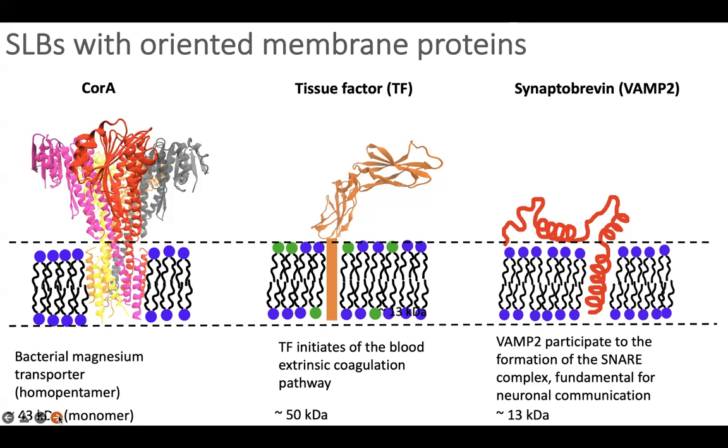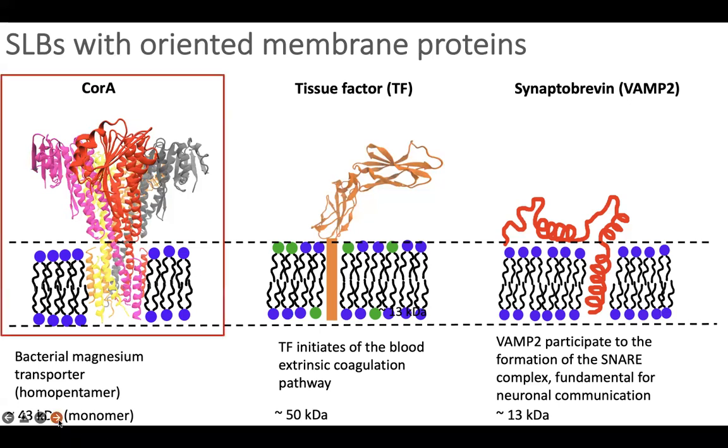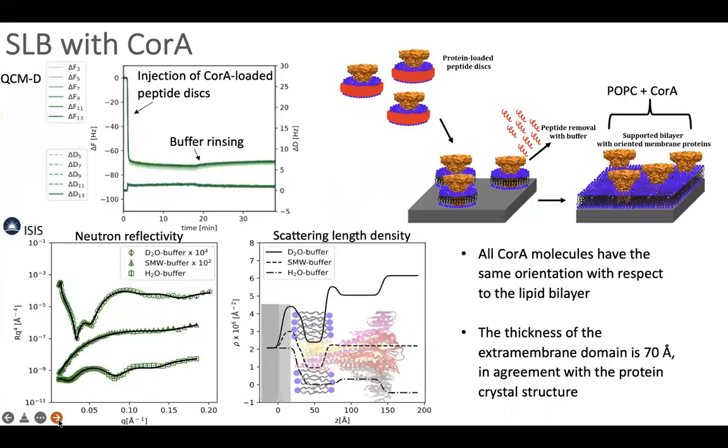This was because we wanted, first of all, to test if our method would also work with small membrane proteins. And as I explained, for tissue factor and VAMP2 there were also biological reasons for investigating these two proteins. So I will first start by showing the data we collected on CorA.